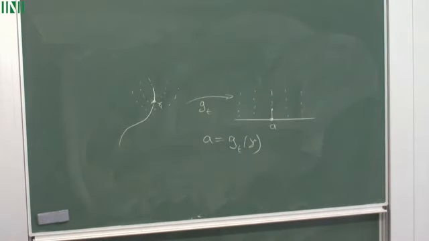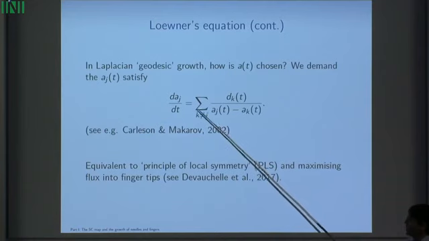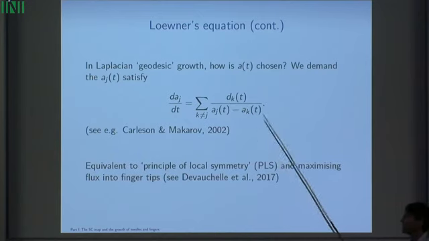So that's geodesic growth, and that really goes back to Carlson and Makarov, and they showed that for the n-finger problem the driving parameters of Loewner's equations satisfy this particular set of ordinary differential equations.